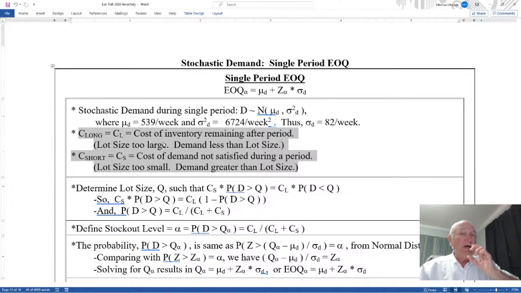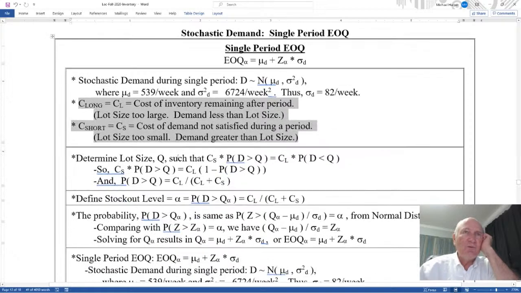But if I don't order enough, if my lot size is too small and my demand is greater than my lot size, then I'm going to have unmet demand. That's my stock out, and that's costly. I have stock out costs. So long costs are really inventory long costs. Short costs are stock out short costs.